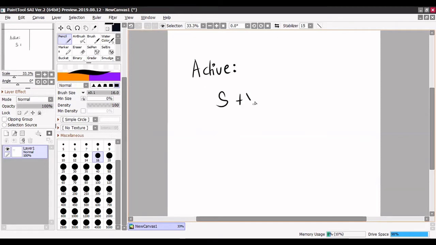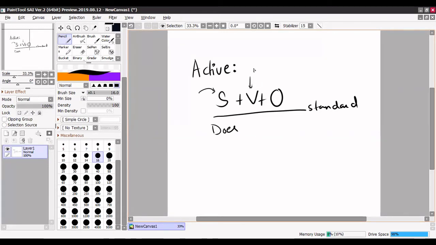So in active voice, we start with the subject, which is the doer, the verb, which means the work that's happening, and the object, which means the receiver of the action. So that means in active voice, we'll straightforwardly see a person carrying out something upon an object.